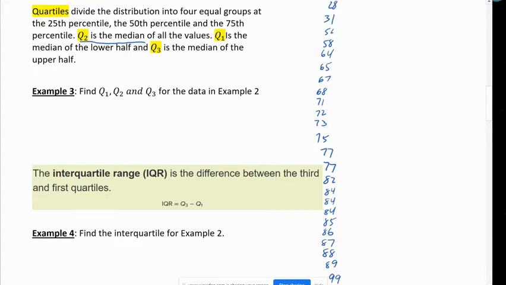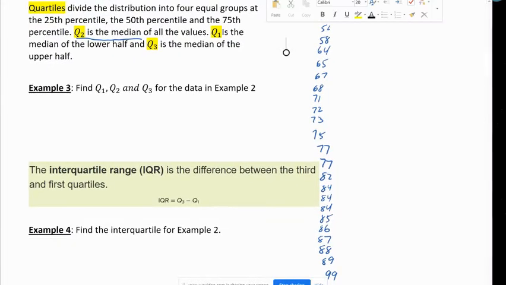Okay, so there's our list of 24 items. So the middle, or the median, Q2, since we have 24 items, we would go to the 12th and the 13th.